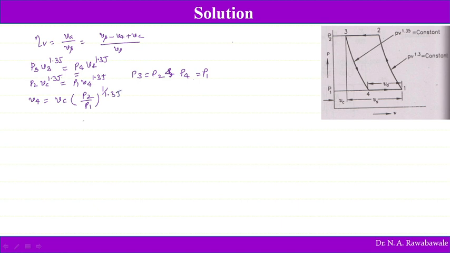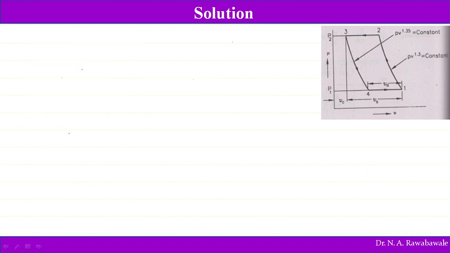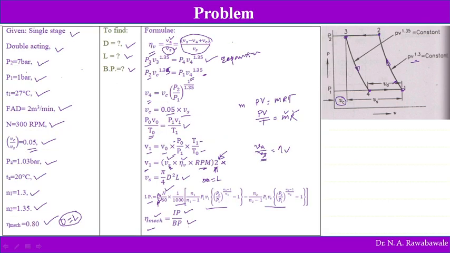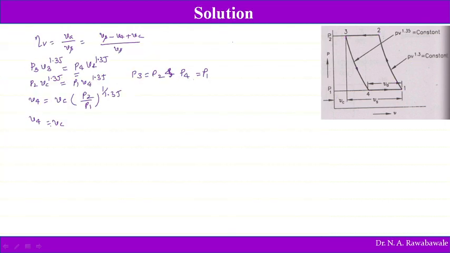Now if we write this value of P2 divided by P1, P2 is 7 bar and P1 is 1 bar. So 7 divided by 1, to the power of 1 divided by 1.3.